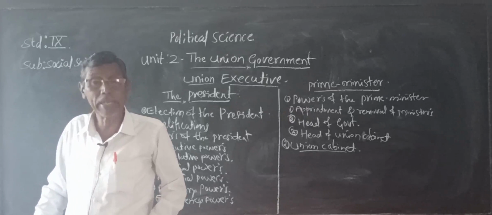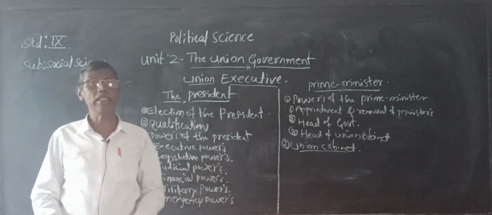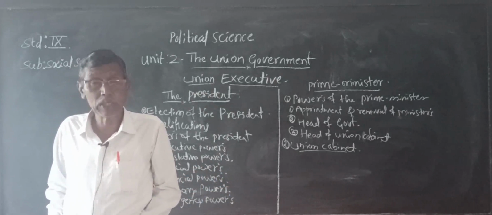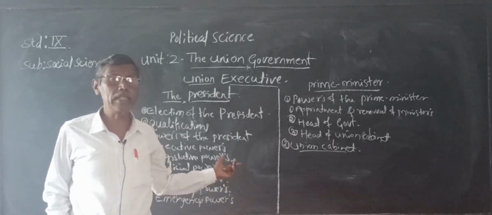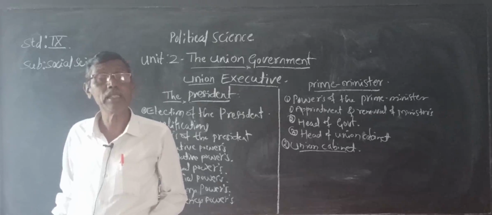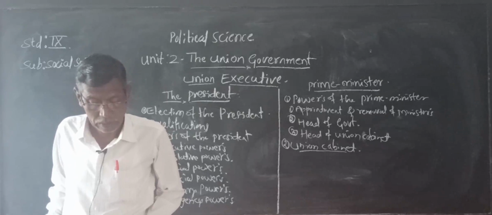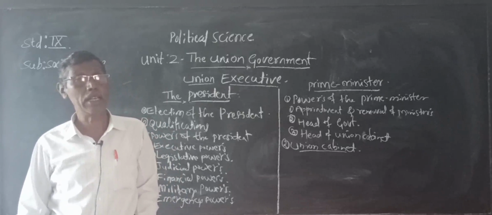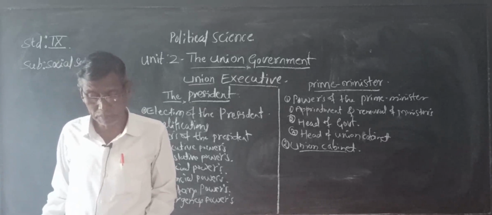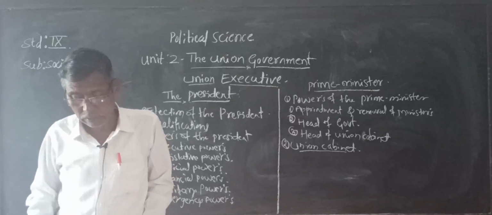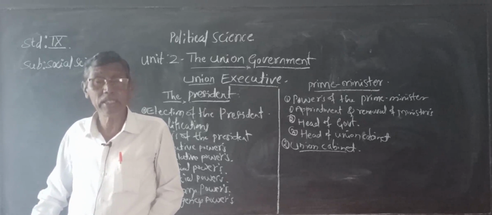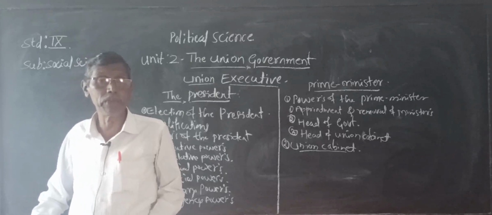The President of India is elected by an electoral college consisting of the elected members of both houses of the Parliament and the members of the State Legislative Assemblies. They elect the President of India, and the Supreme Court judge administers him the oath of office.